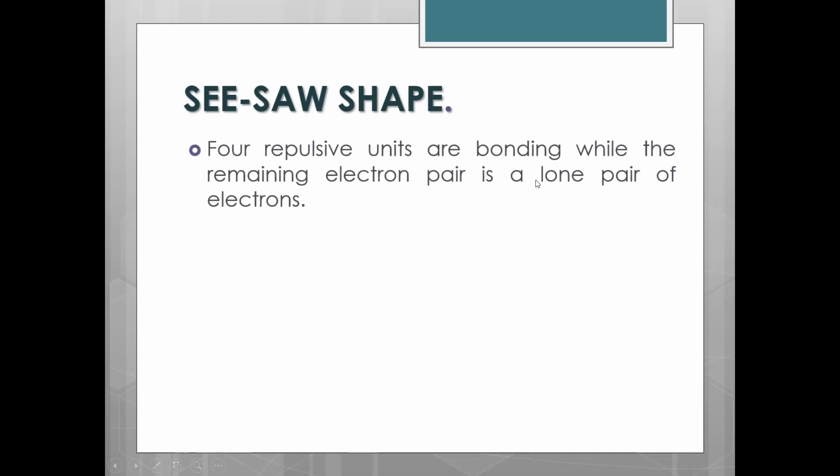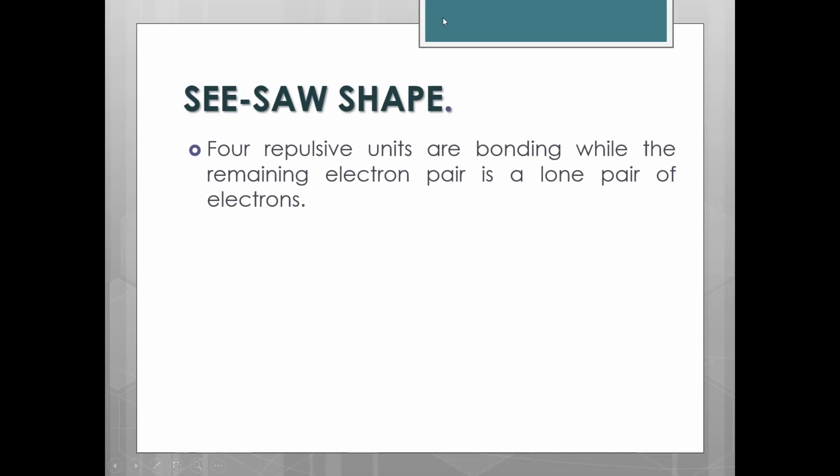Right? Let's move on to the next one. This is the seesaw shape. When you listen to this word, you can understand what they are telling, right? I already said what is meant by the seesaw shape. You have four repulsive units bonding, while the remaining electron pair is a lone pair of electrons.